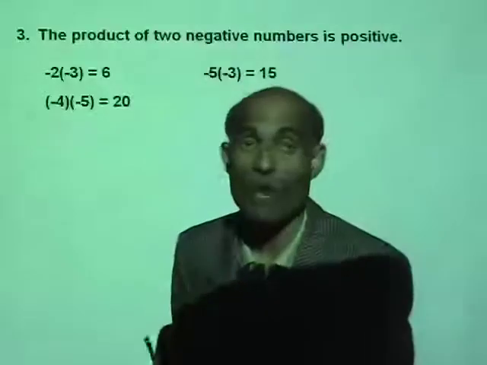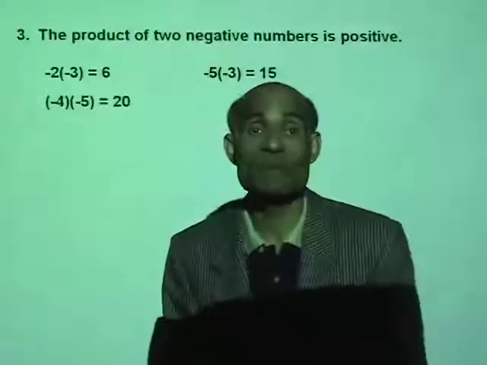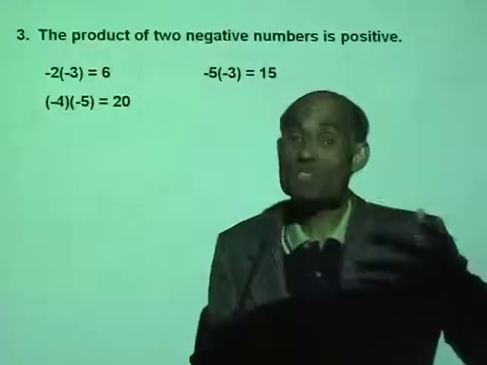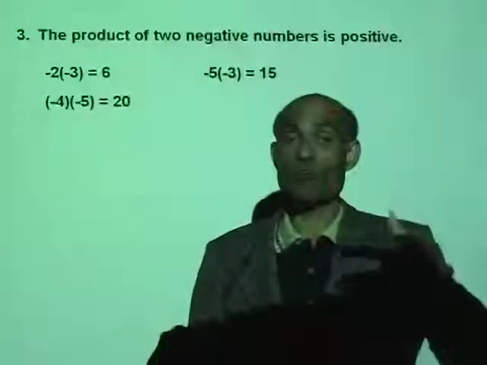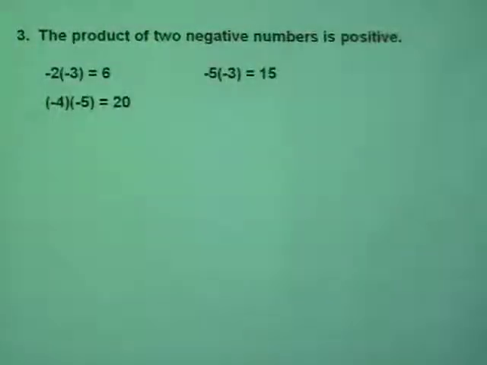But again, I warn you, don't confuse this with adding negative numbers. I have had many students asking me this over and over again, and that is why I emphasize this. Negative 4 multiplied by negative 5 is positive 20, but negative 4 minus 5, is this the same?